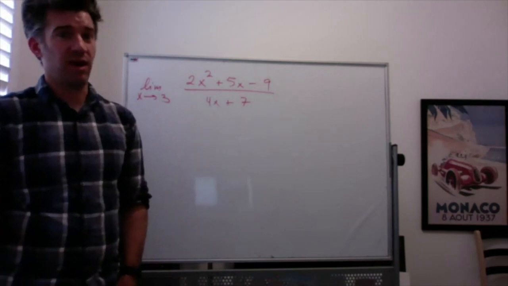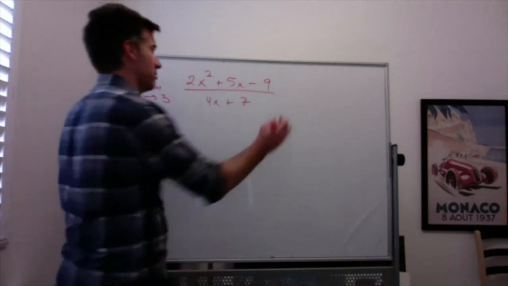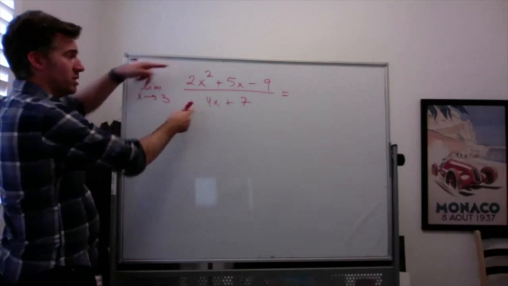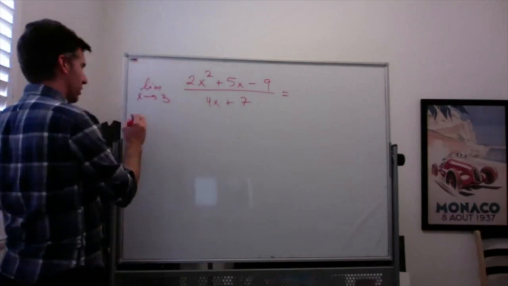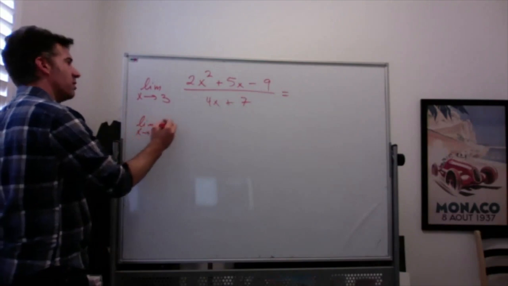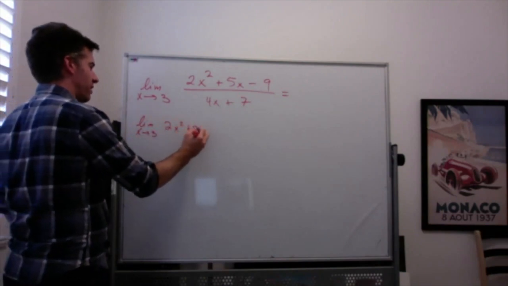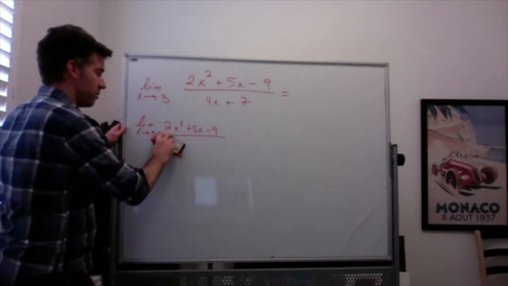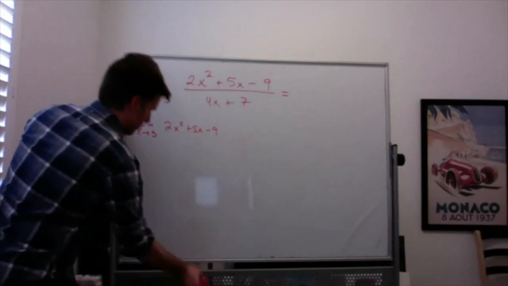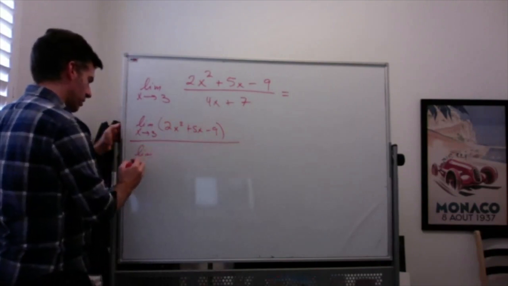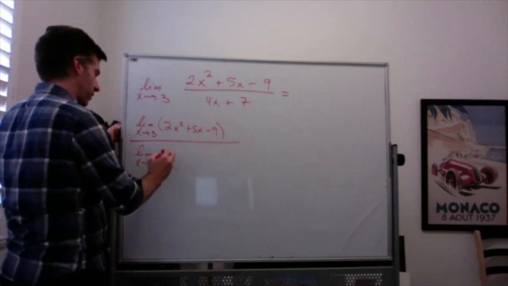But then I'm going to talk about how that's not what we ever really do. So the first limit rule I would use is that the limit of a quotient is the quotient of the limits. So I write this as the limit as x approaches 3 of 2x squared plus 5x minus 9 over the limit as x approaches 3 of 4x plus 7.